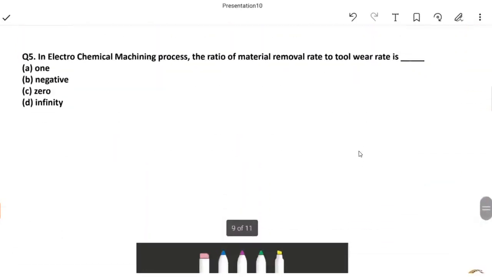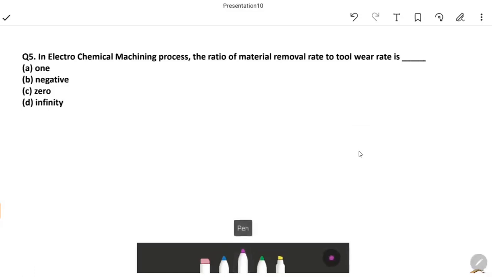In electrochemical machining process, the ratio of the material removal rate to tool wear rate is how much? Again, in ECM, there is no significant tool wear. It's due to the mechanism of material removal in ECM that some material can get electro deposited on the cathode under some unforeseen, undesired circumstances.